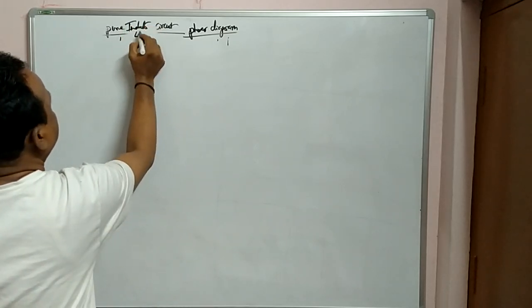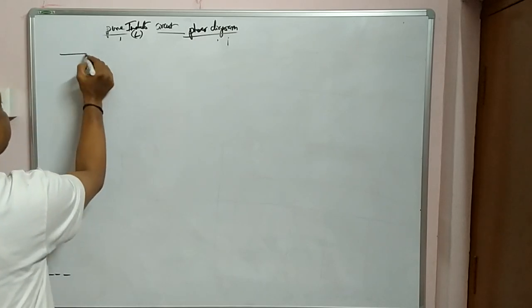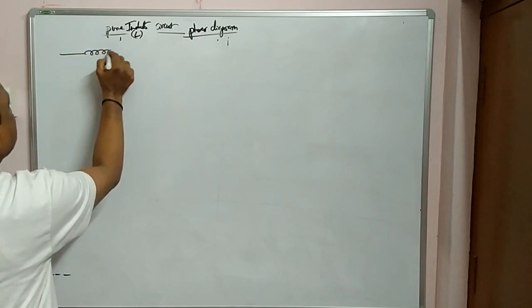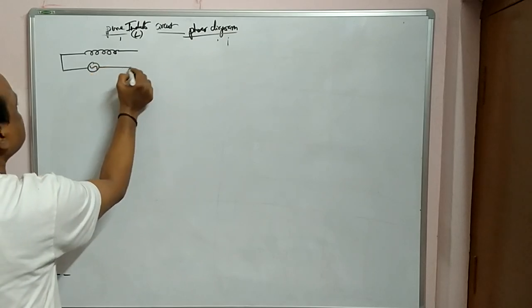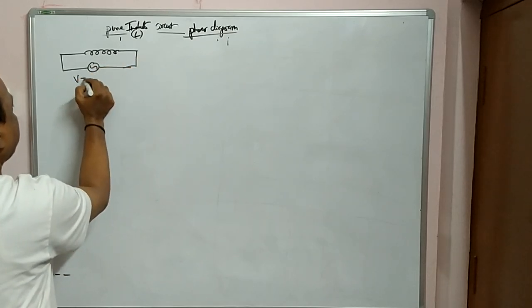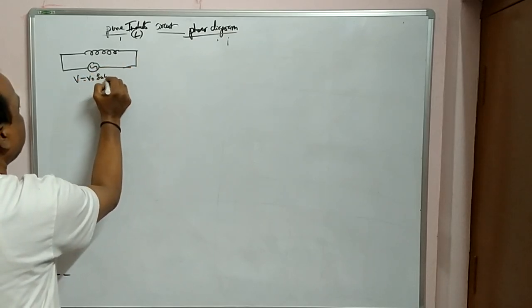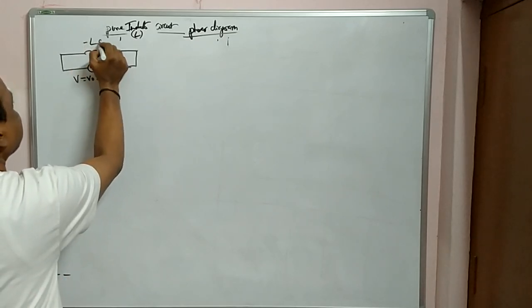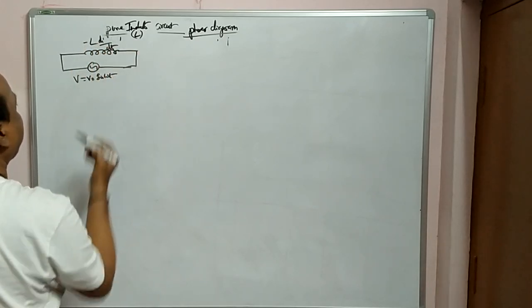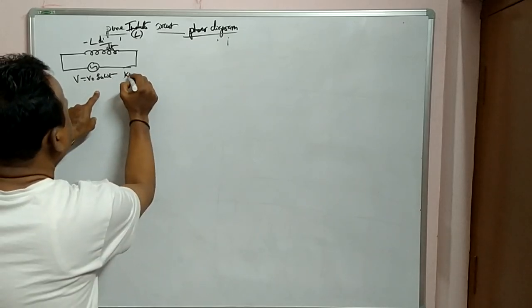L. So see the circuit diagram, pure inductor. Here the alternating voltage V is equal to V0 sin omega t. Since it is an inductor, the drop is minus L dI by dt. Again apply KVL here.